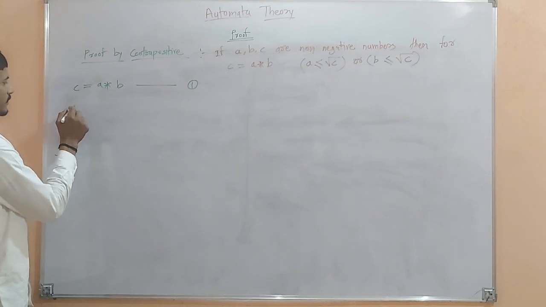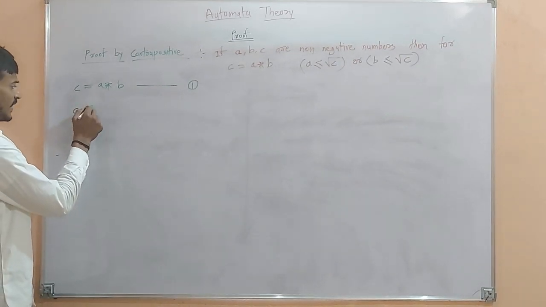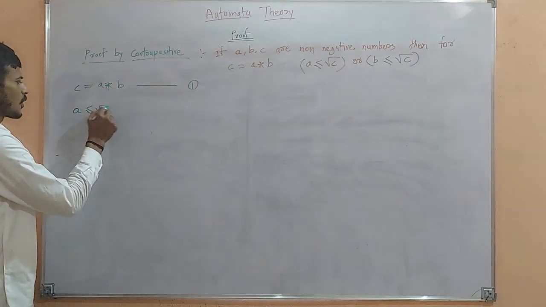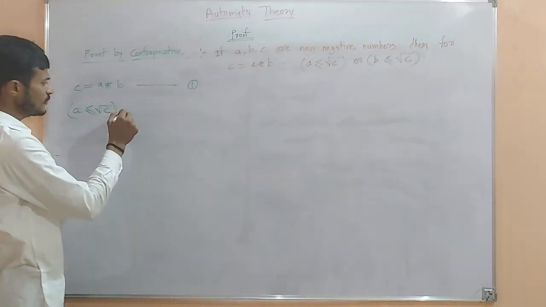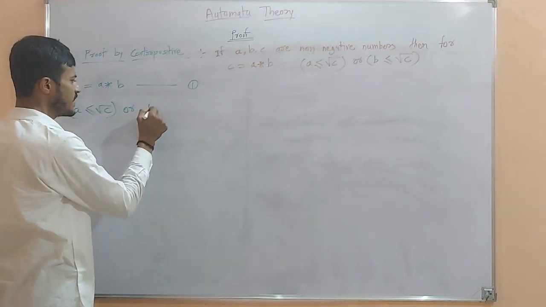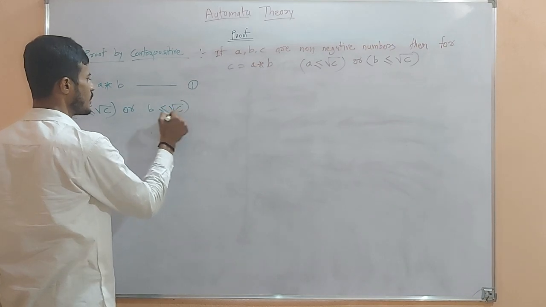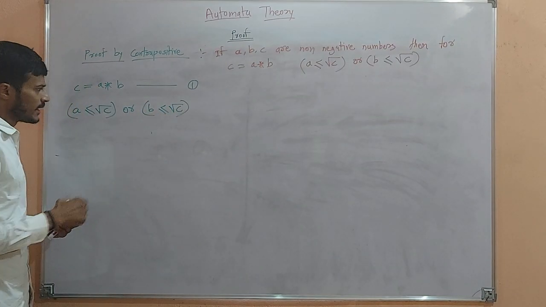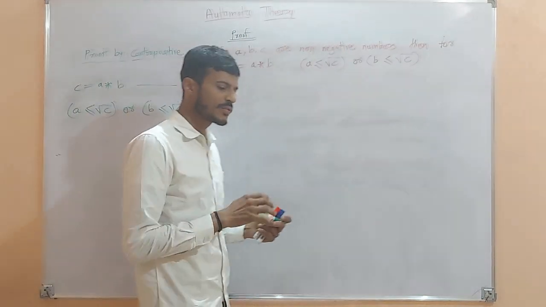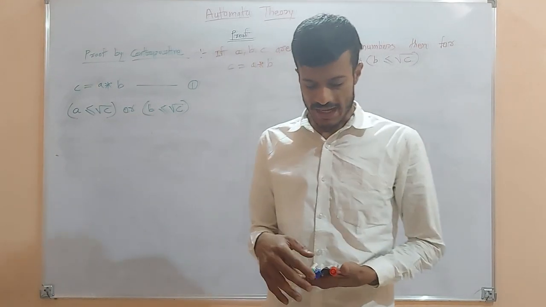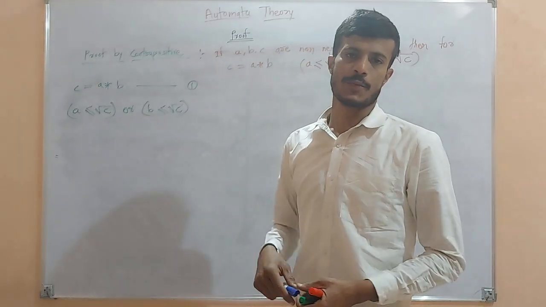What they have given is A less than or equal to root of C, or B is less than or equal to root C. We know that this one is true, but we have to show that by using the contrapositive property.